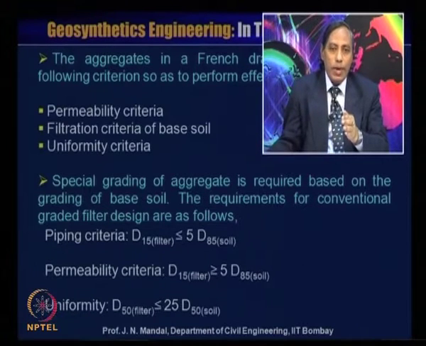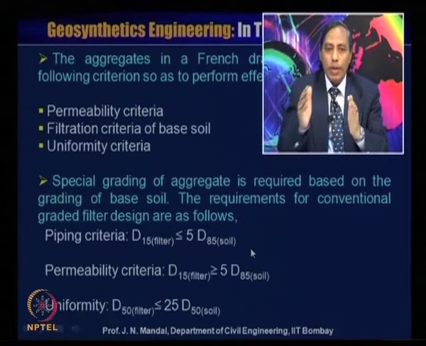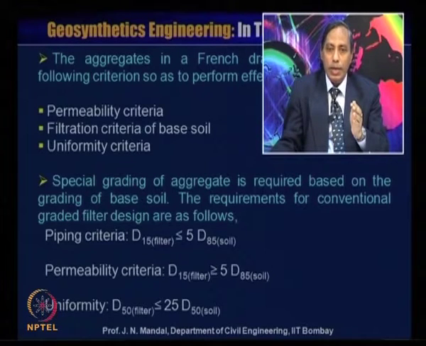There is a piping criteria, that means D15 filter should be less than or equal to 5 D85 soil. Permeability criteria, D15 filter should be greater than or equal to 5 D15 soil, and uniformity criteria, that is D15 filter less than or equal to 25 D50 soil. So in the conventional method we design for the piping criteria, permeability criteria and the uniformity criteria.